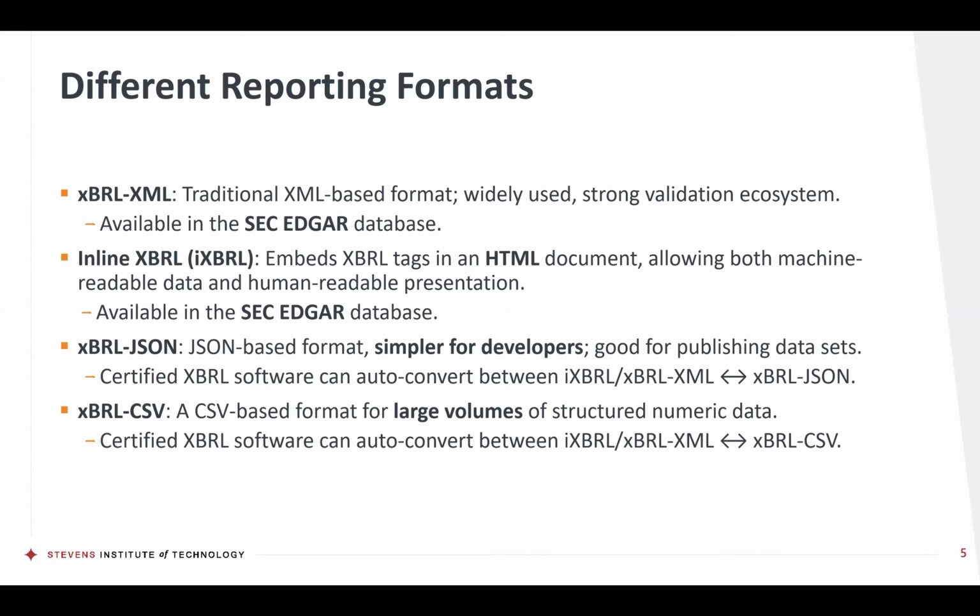XBRL JSON is simpler for developers who prefer JSON to XML, and it is often used for quick publishing of datasets. XBRL CSV is ideal for large numeric datasets using CSV plus a separate JSON meta file.